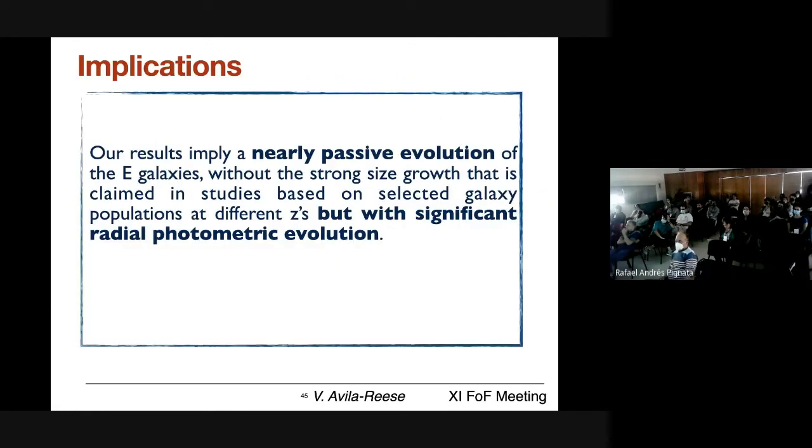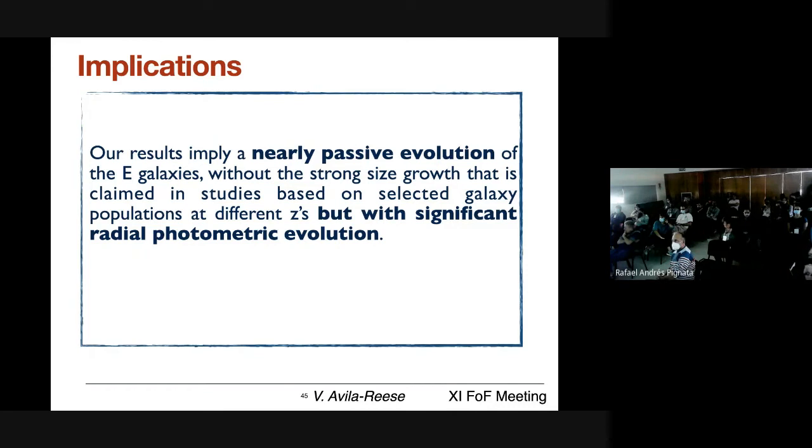So our implication is that elliptical galaxies probably have an early-past evolution without this strong size growth that the cosmological studies based on redshift surveys claim.